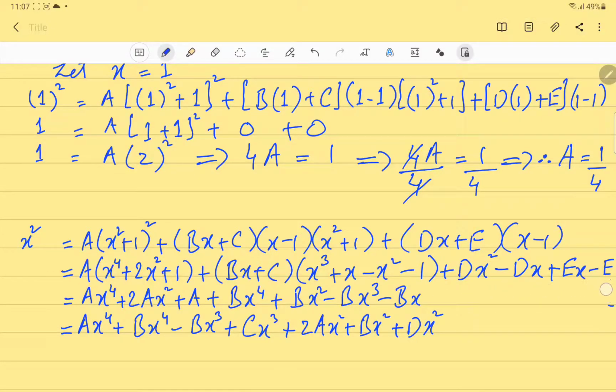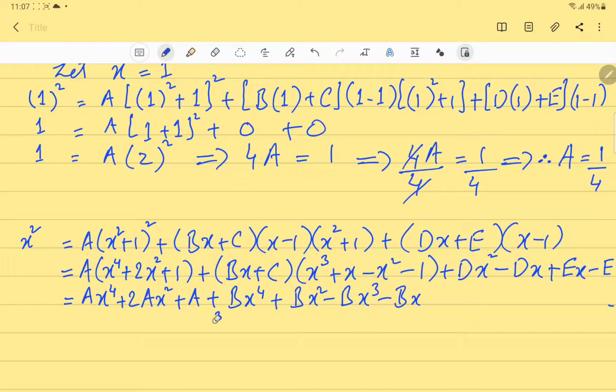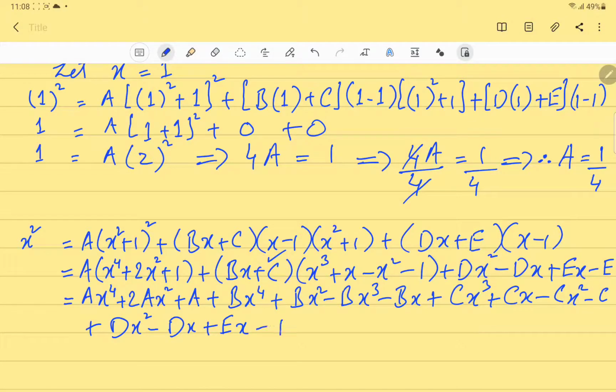Here we have forgotten to multiply this c with the rest of the terms, so we will be writing here cx cubed plus cx minus cx squared minus c. So it is cx cubed plus cx minus cx squared minus c plus dx squared minus dx plus ex minus e.